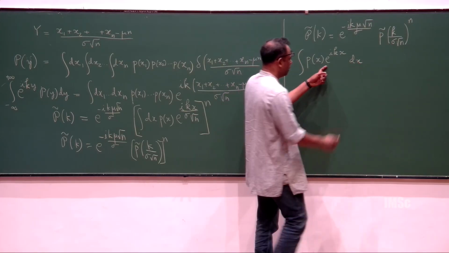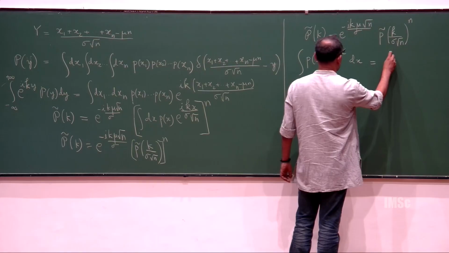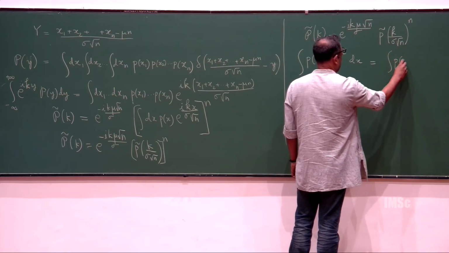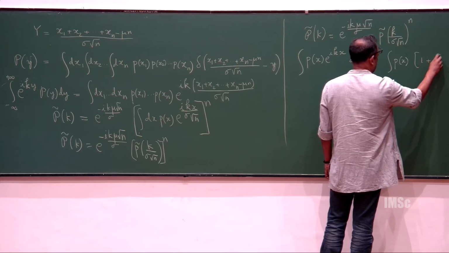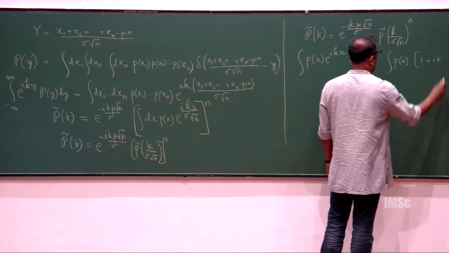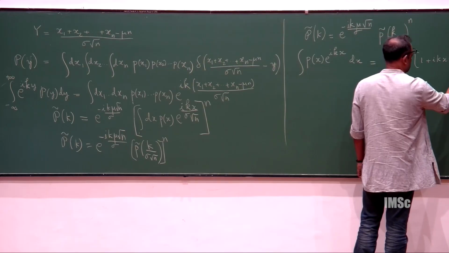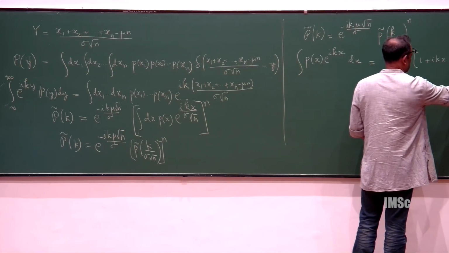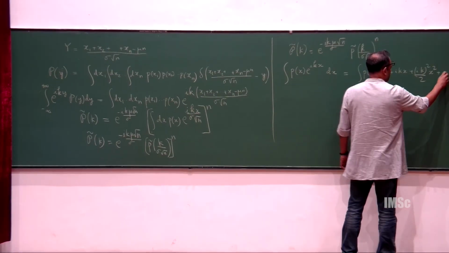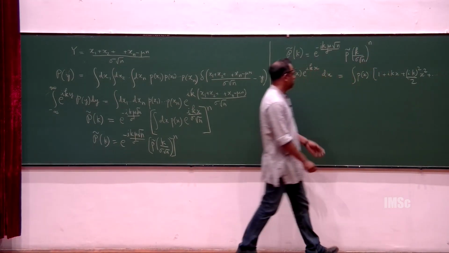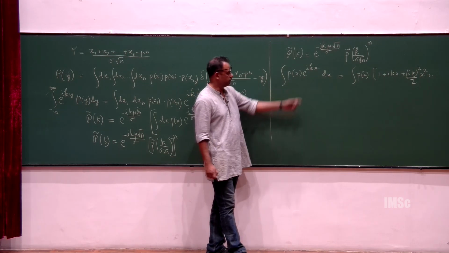I can do an expansion here: integral p of x into 1 plus I k x plus so on. I do an expansion for e to the power I k x.